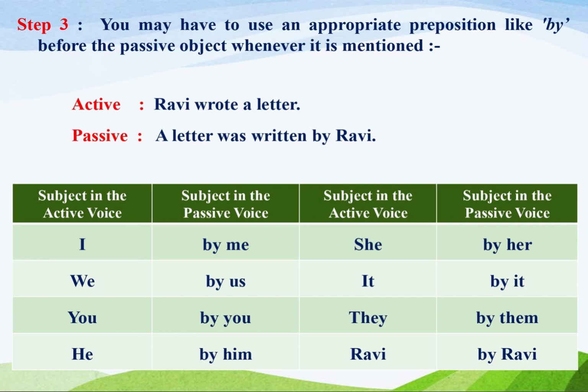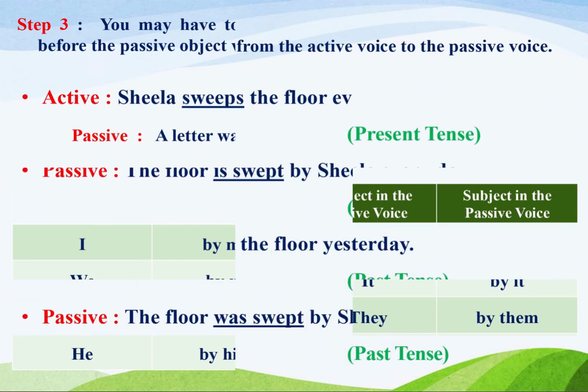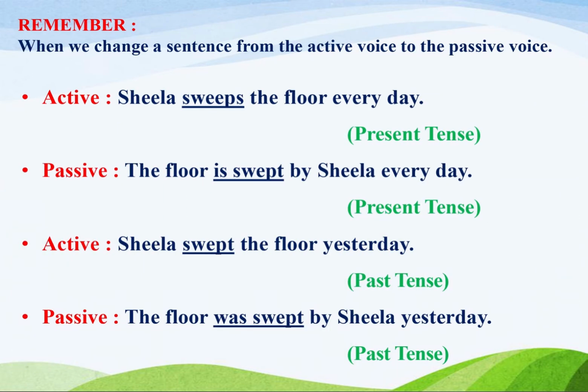You gets converted into by you. He into by him. She into by her. It by it. They by them. Ravi by Ravi.